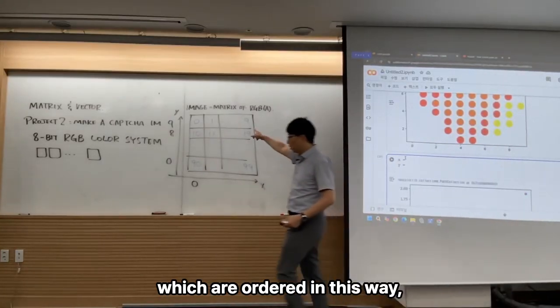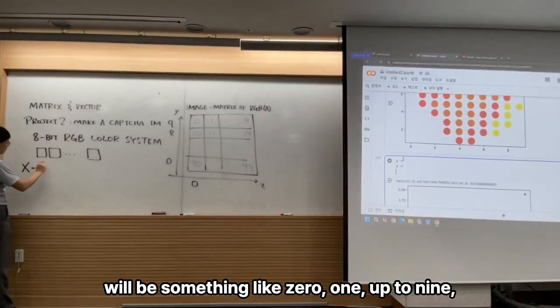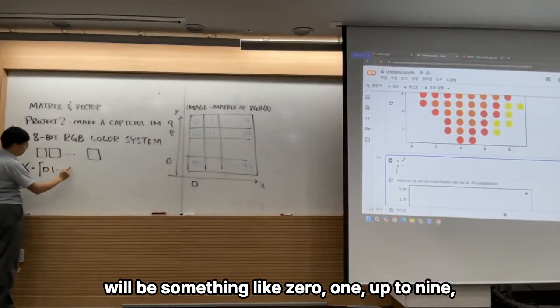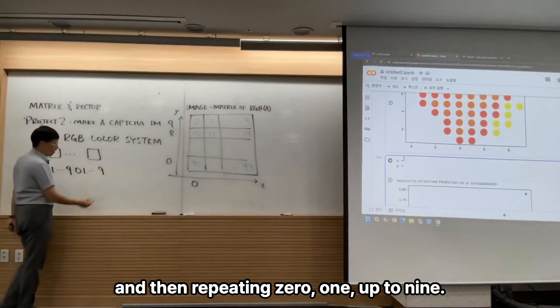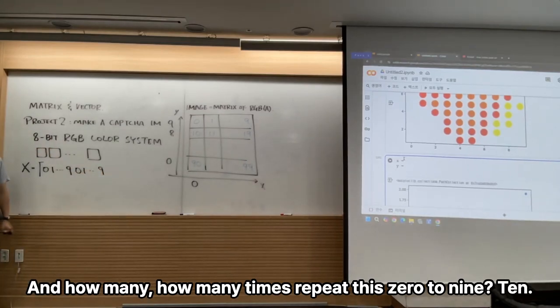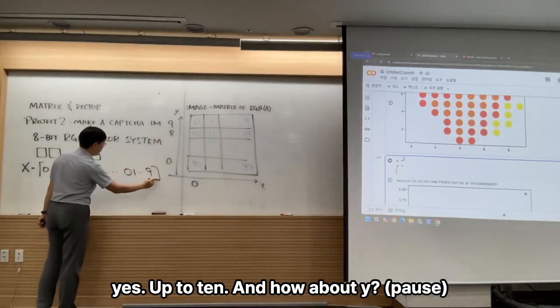So you can imagine that the x-coordinates of these boxes, ordered in this way, will be something like 0, 1 up to 9, and then repeating 0, 1 up to 9. And how many times do you repeat this 0 to 9? 10 times, yes. And how about y?